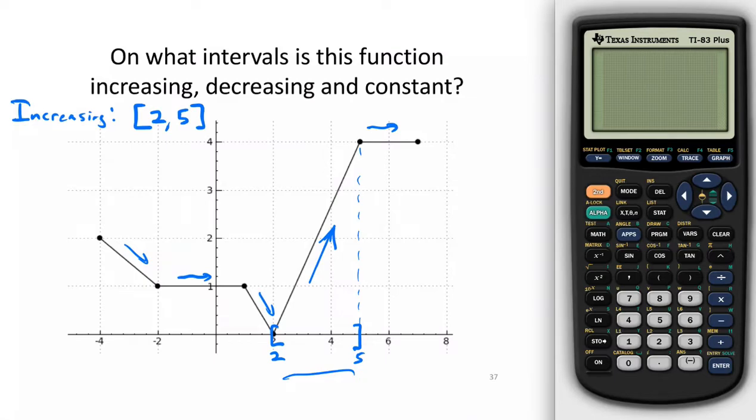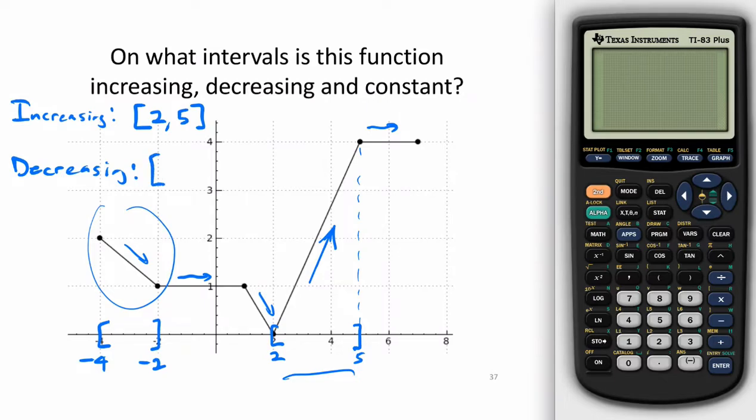Where is this function decreasing? I'll write that right here. This function is decreasing right here, on the interval from -4 to -2. So that interval starts at -4 and ends at -2. I'm saying that for all real numbers between -4 and -2, including those endpoints, the function's defined and going downhill.